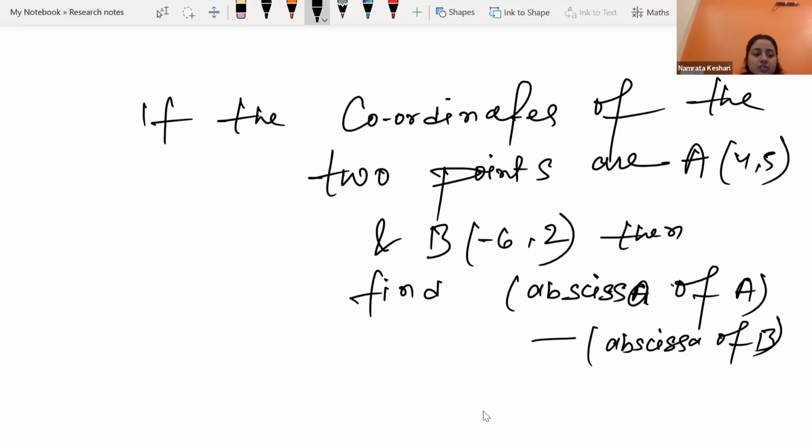So basically, you just need to understand the meaning of abscissa. The x coordinate has just one more name, abscissa. The y coordinate has another name called ordinate. Okay.